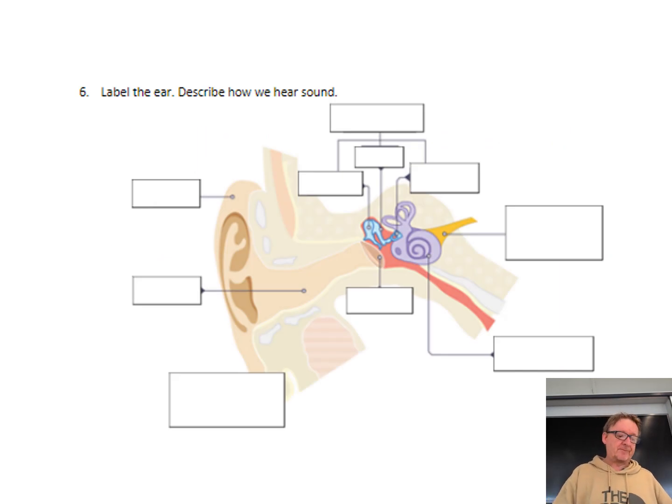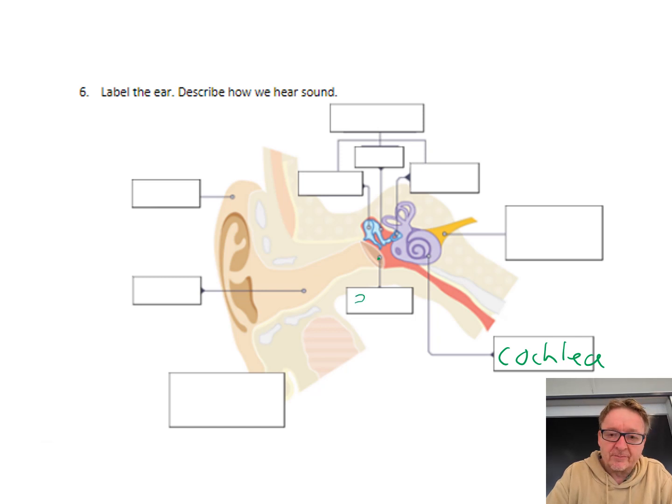Right, the ear. Now the ear is dead important because it's got two jobs really. The obvious one is hearing, but the less obvious one is balance. So what we're going to do is you can start here and we're going to call this the cochlea. It looks a bit like a snail shell. Then here we've got the eardrum, which is like a very, very thin piece of skin right at the end of your ear.